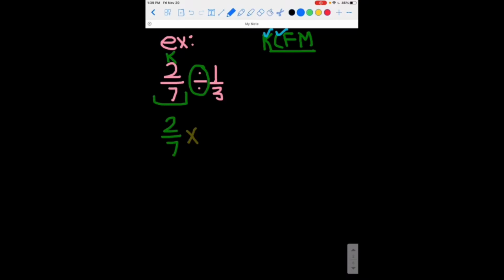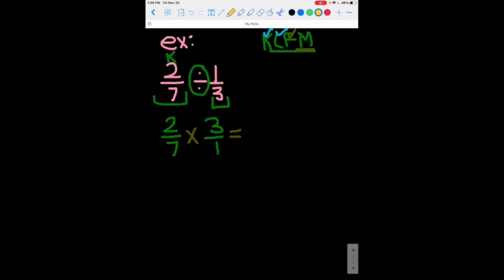Reciprocal. So what is the reciprocal of 1/3? It would be 3/1, which you could just write as 3, or if you want, you could also write that 1 underneath. It wouldn't really change your answer. So we've done flip.